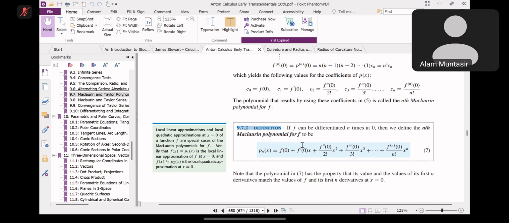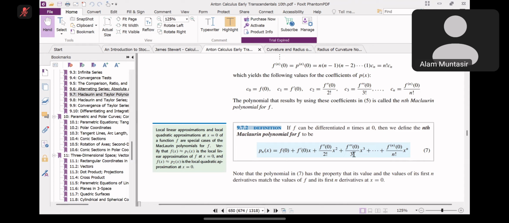So the nth Maclaurin polynomial for f is represented by the n degree polynomial Pn(x) equal to f(0) plus f prime(0) x plus f double prime(0) by 2 factorial x squared and so on.